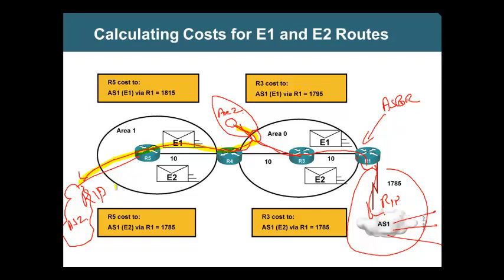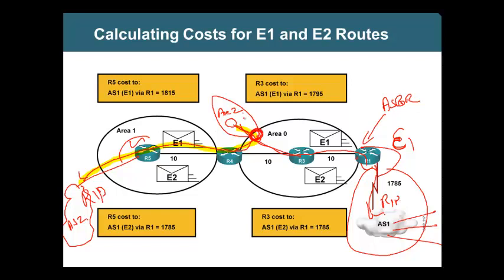For that, when I redistribute on this router, I'll say metric type E1. When I say metric type E1, what will happen? The path cost will be calculated.